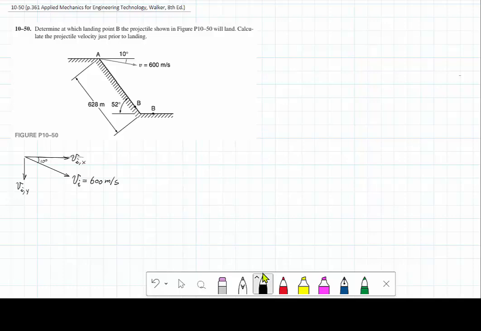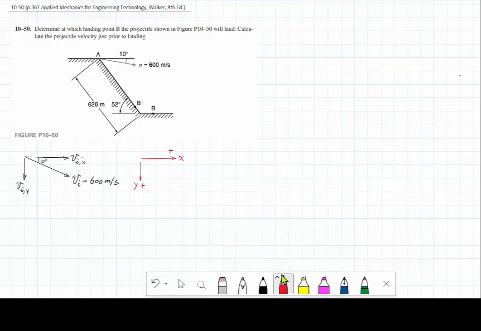Therefore, we're going to define the positive x direction to the right. This is x direction, positive, and positive y direction as downwards. This is y, this is positive.